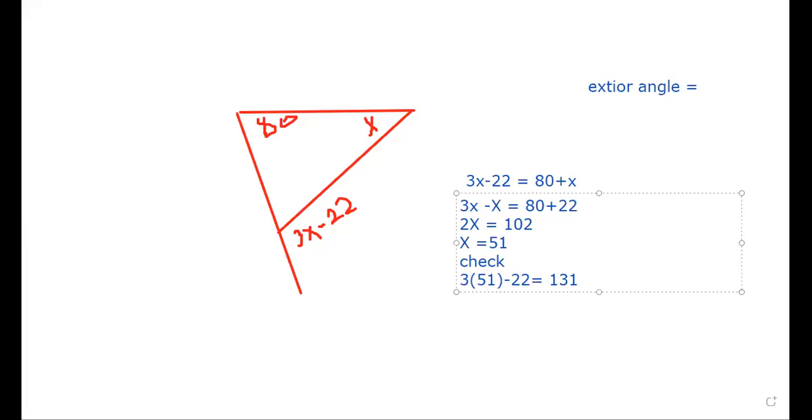And on the other side, if you add 80 plus 51, the right side will be 131. Okay, so once we have an exterior angle, when we have a line and an angle outside, the measure of the exterior angle equals the non-adjacent interior angles. So this question was in your workbook, page 62, question number 14.